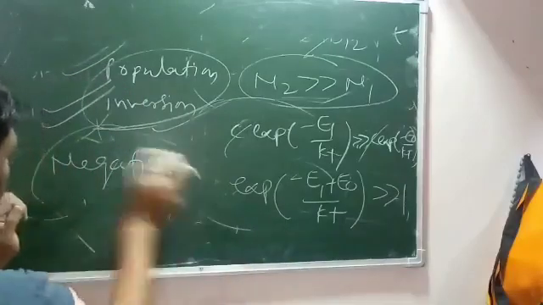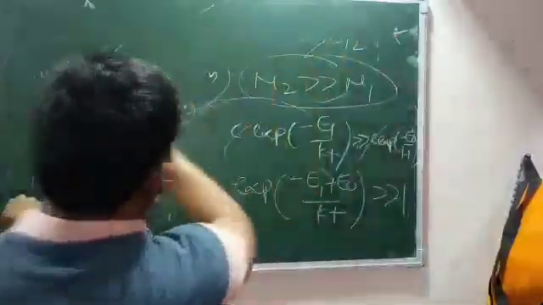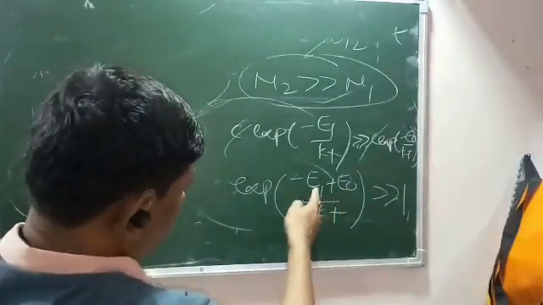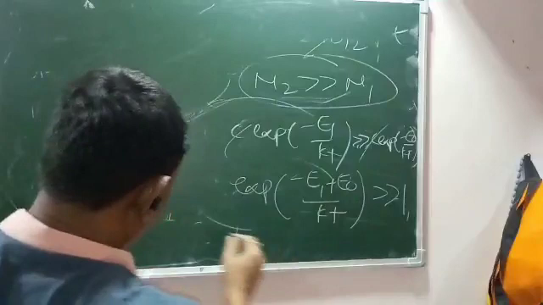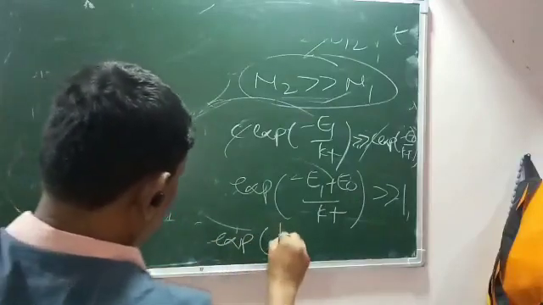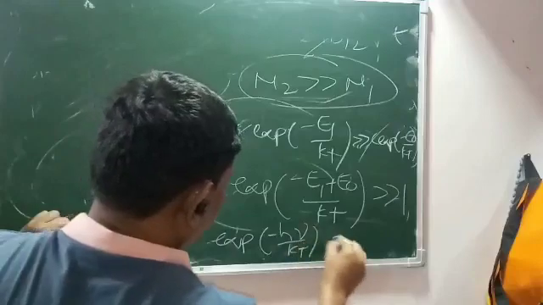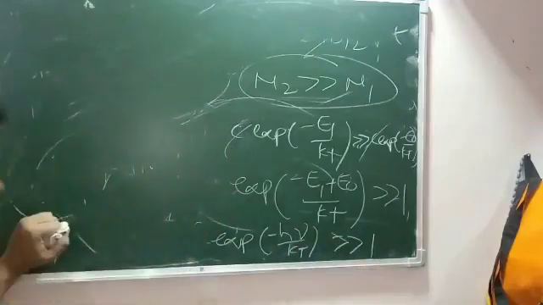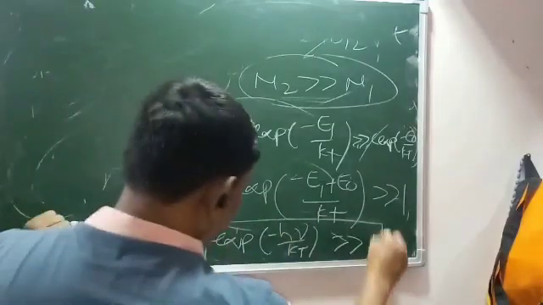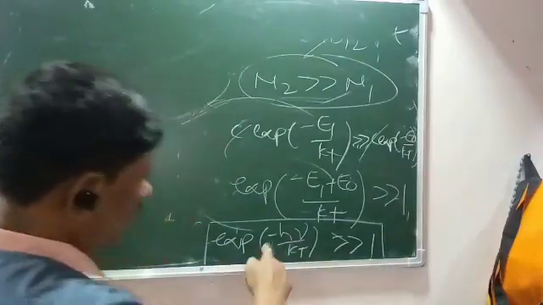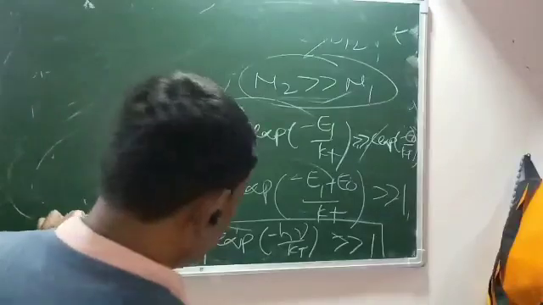We also wrote the value of minus E1 plus E0 as minus h nu in the starting section of this lecture. So the desirable condition can be reduced to exponential of minus h nu by kT greater than 1.